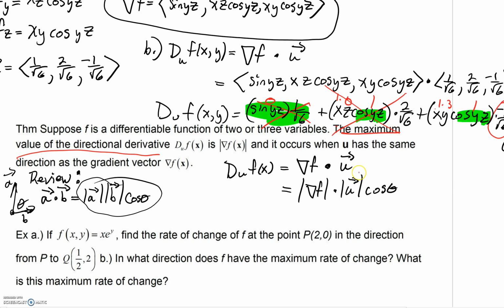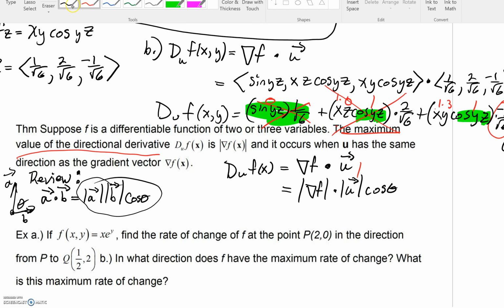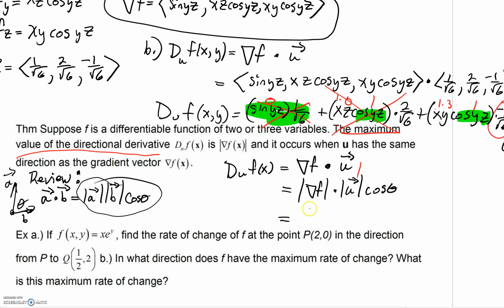The length of a unit vector is 1. Wait a minute, that means the directional derivative is the length of the gradient vector times the cosine of the angle between them. So you ask yourself, what would make this gradient vector magnitude times cosine as large as possible?